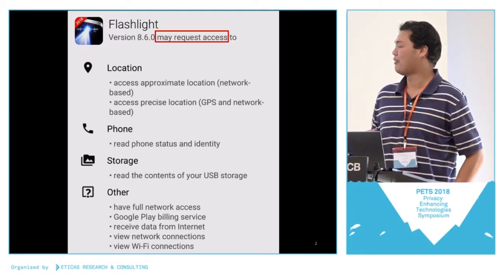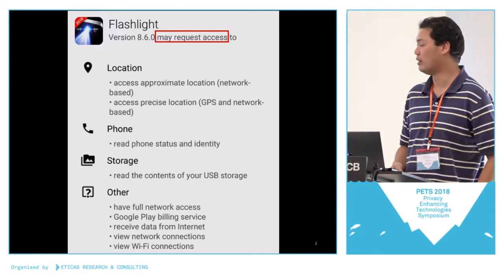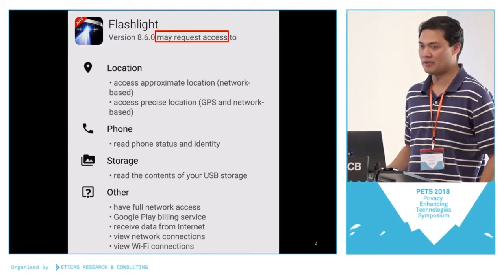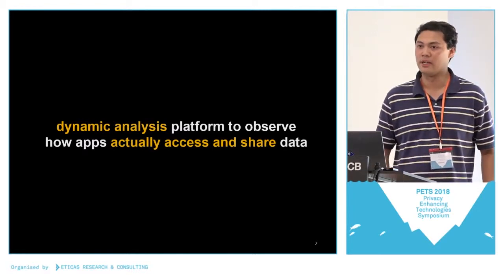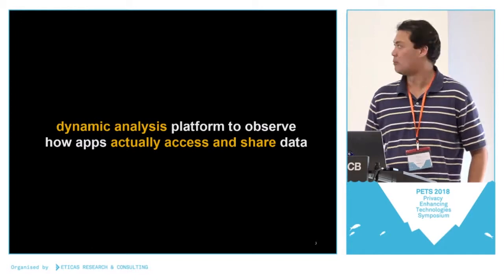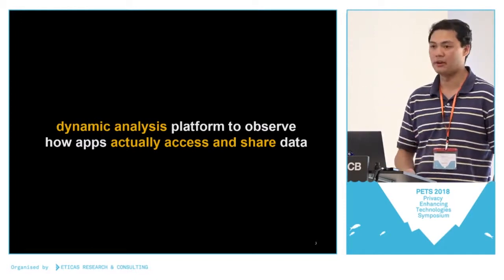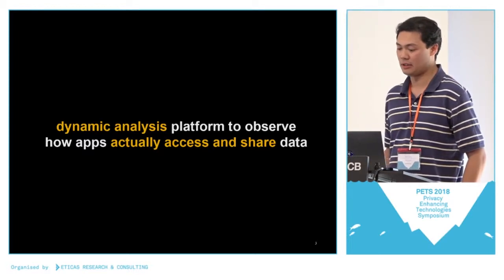It doesn't say if an app actually exercises these privileges, and if they do, what remote services they share that sensitive data with. So to answer that question, we developed a dynamic analysis environment where we can actually observe how apps interact with that data and which remote services they send that data to.